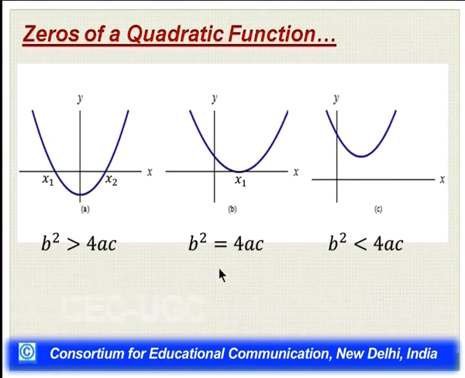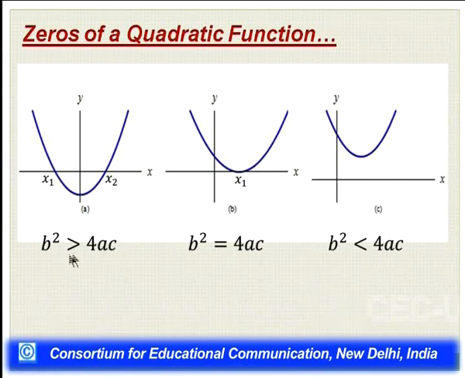The second one is where b square is equal to 4ac, and the third parabola is the one that corresponds to b square strictly less than 4ac. So what I'm trying to show here is that depending on the sign of b square minus 4ac, you can have a parabola that intersects the x-axis at exactly 2 points, or it just touches the x-axis.